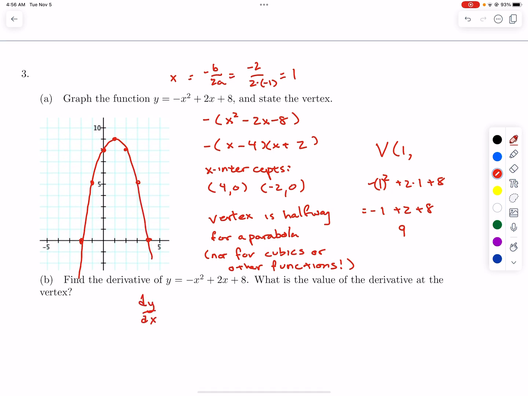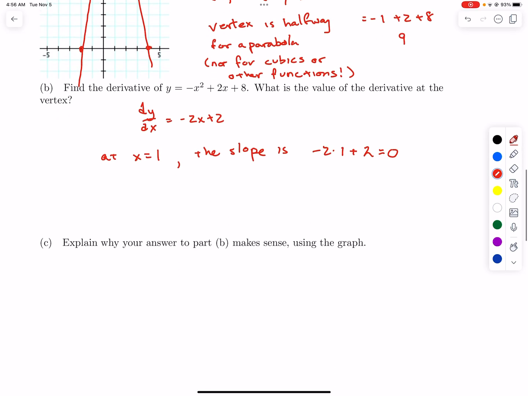Find the derivative. Okay, so the derivative is 0. Here's the idea.